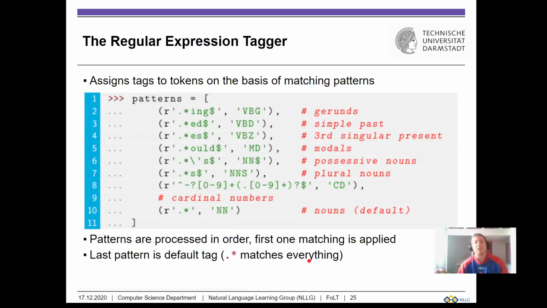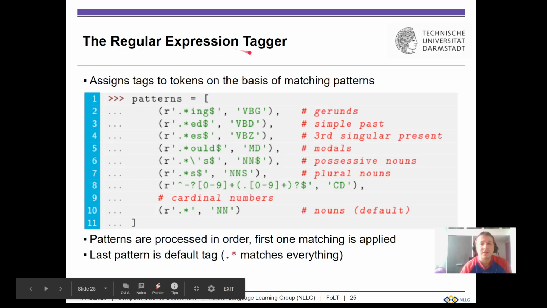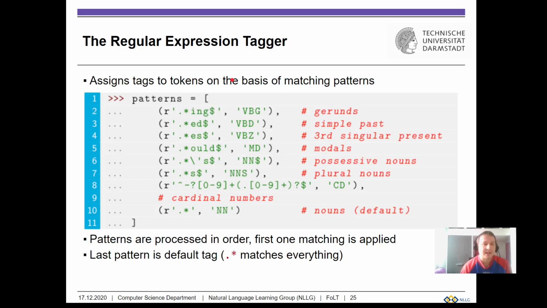Okay, let's do a second step with a more intelligent and more complex tagger, and that one uses regular expressions that we've seen in one of the previous lectures. So you come up with those regular expressions, and then you assign tags to tokens on the basis of matching patterns.